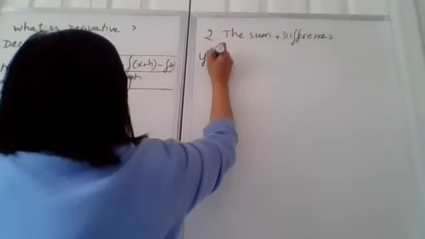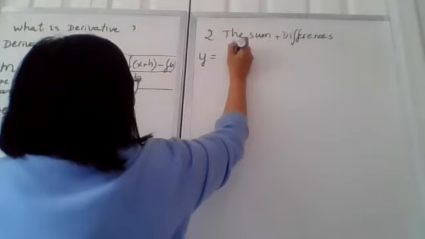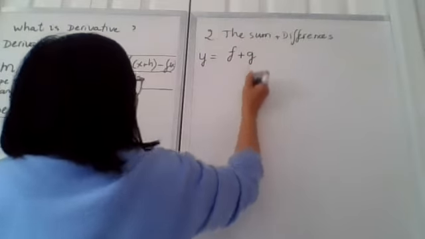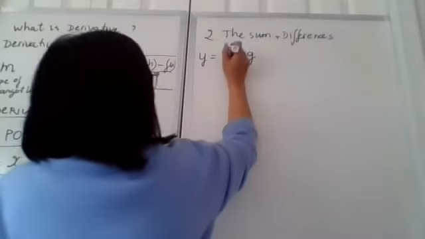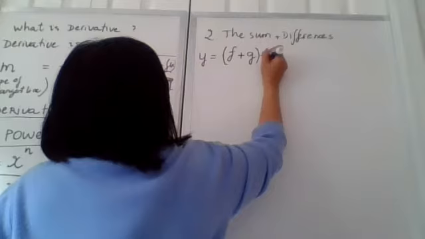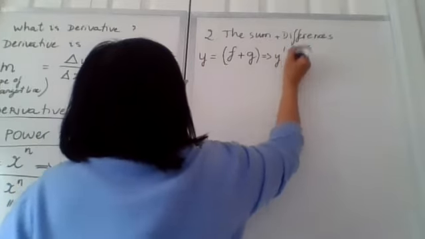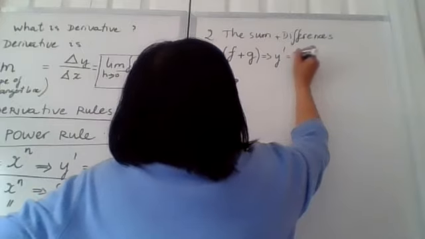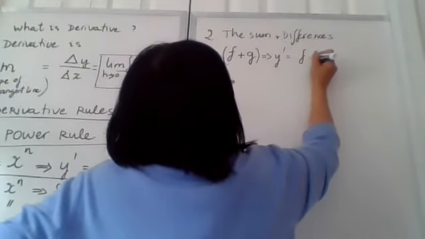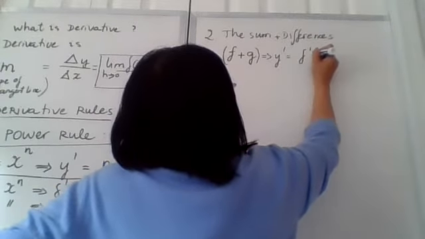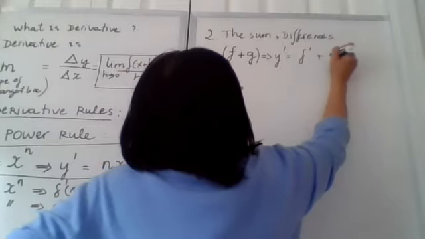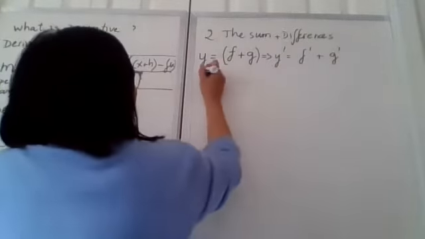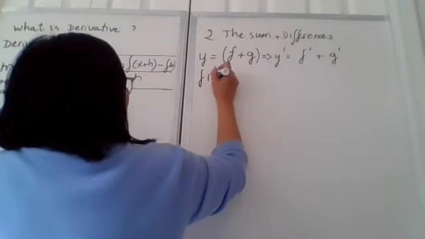If you have a function y equal f adding with g, that's the whole thing, and you want to find the derivative y prime, so what will y prime be equal to? y prime will be equal to f prime adding with g prime.